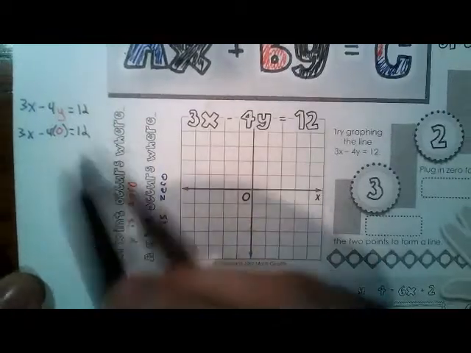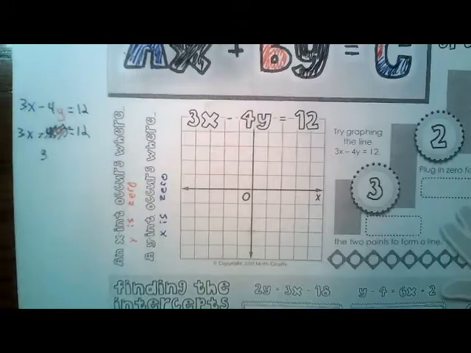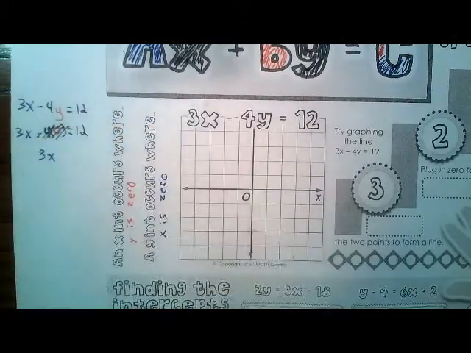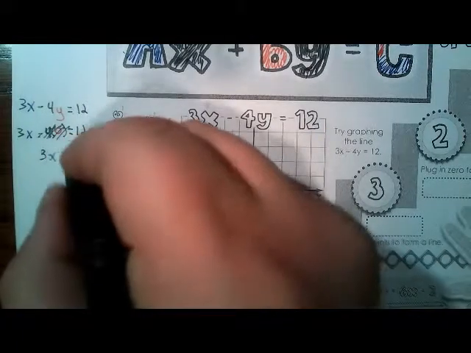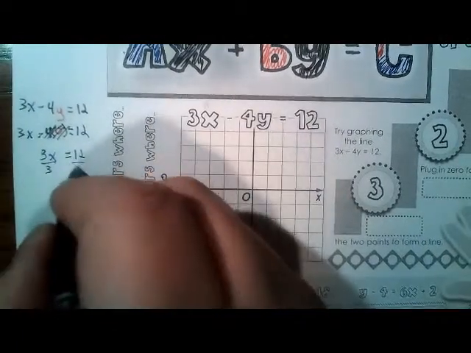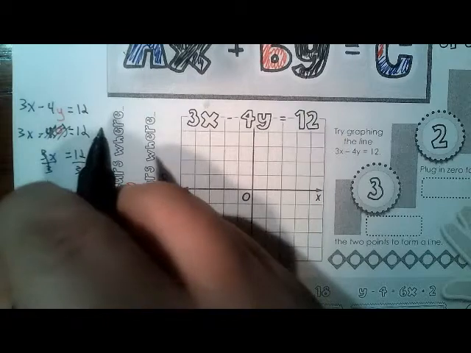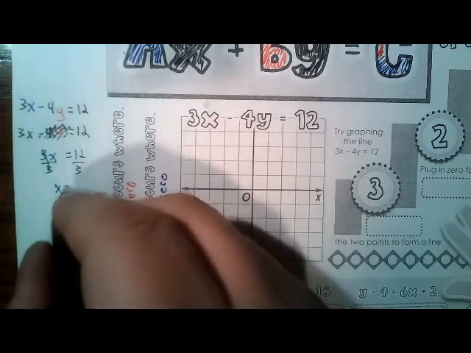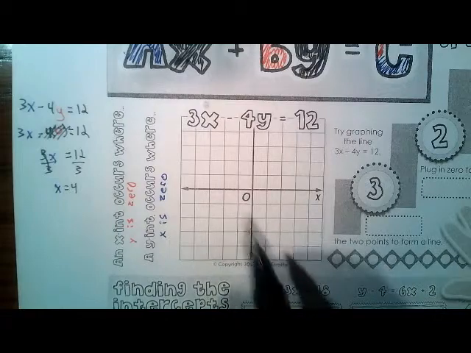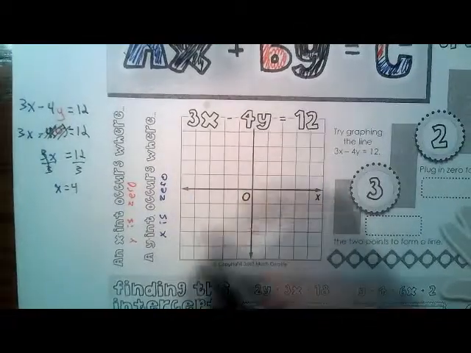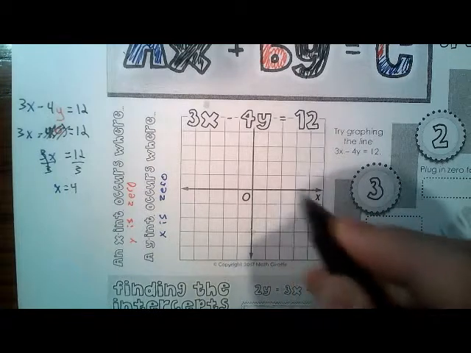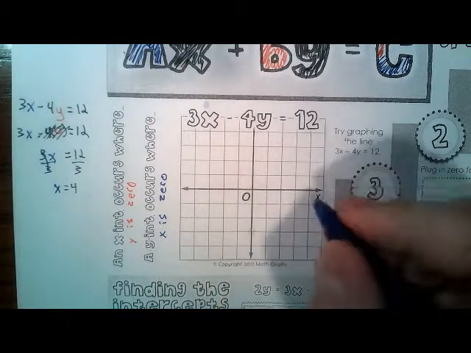Putting 0 in for y completely gets rid of the term that has y. 4 times 0 is 0, so we're left with 3x equals 12. We divide by 3, just like Unit 1 where we solved equations. The 3's cancel, and x equals 4. That means the x-intercept for this equation is positive 4. 1, 2, 3, 4. So there's my x-intercept.